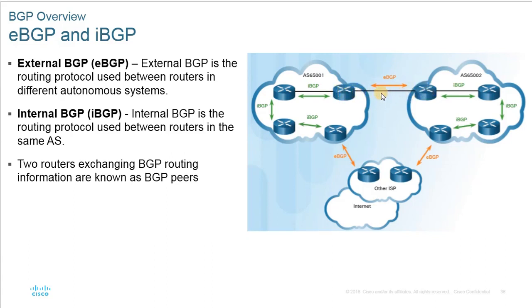Okay, so we have BGP here, and BGP here. So interconnections between different ISPs coming from different autonomous systems. And iBGP, or the Internal Border Gateway Protocol, is the routing protocol used between routers in the same autonomous system. Alright, also known as iBGP.